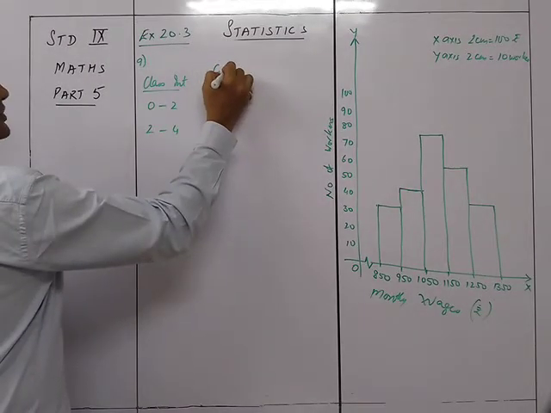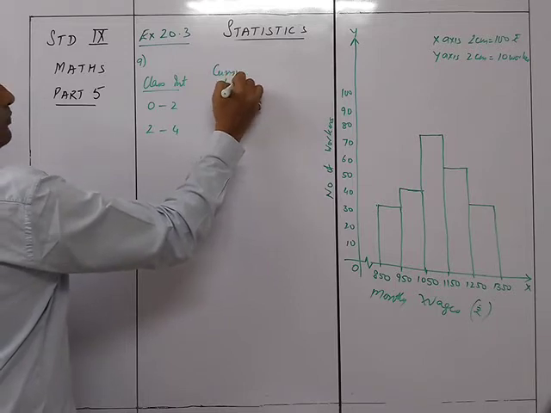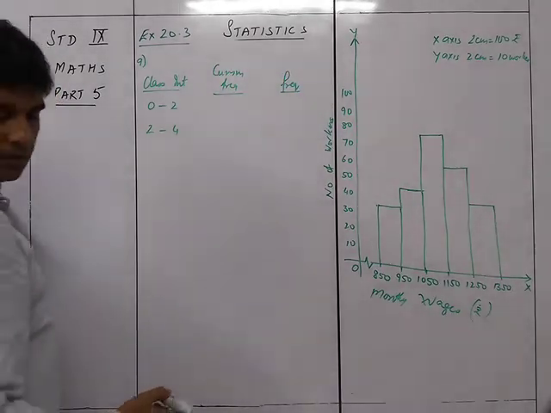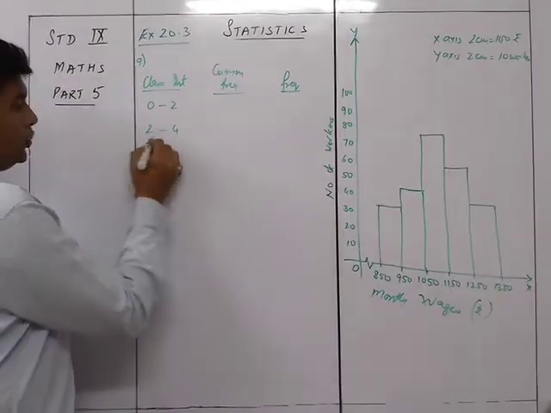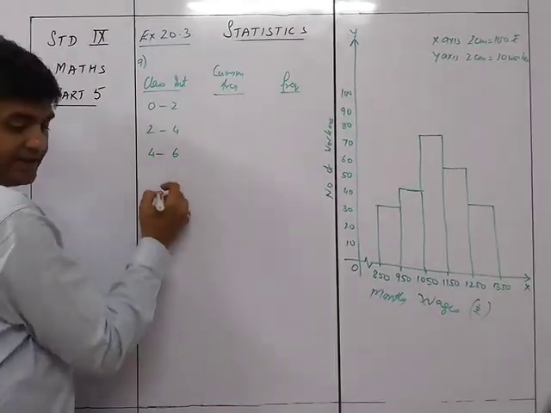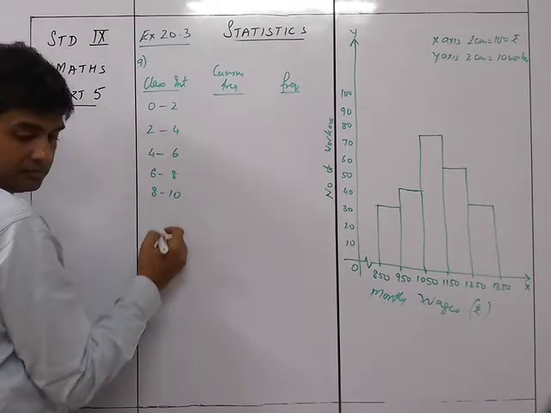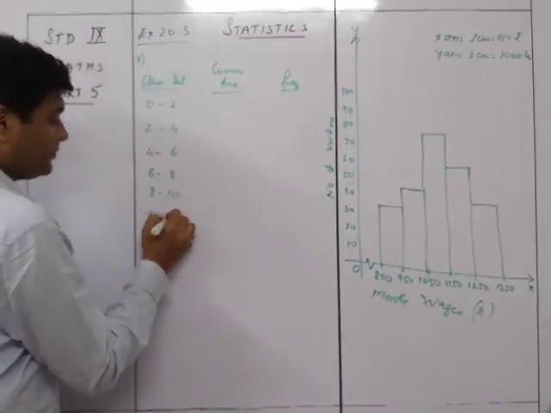So over here it is cumulative frequency. We need to find out the frequency. So below 2, below 4, then 4 to 6, then 6 to 8, 8 to 10, and 10 to 12.